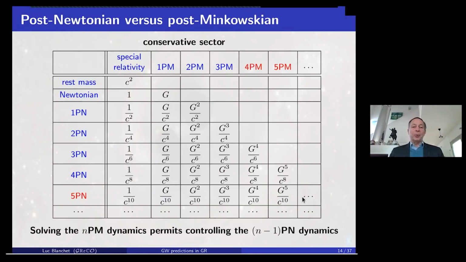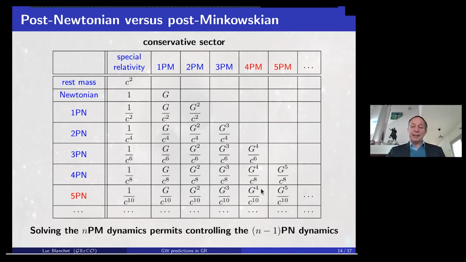The relation between the post-Newtonian and post-Minkowskian approximation is quite interesting. In the usual post-Newtonian approximation, we have a bunch of terms starting from the Newtonian approximation and correcting with relativistic corrections. There will be corrections of the order of G, G squared, G cubed, and so on, which can also be computed directly using the post-Minkowskian approximation, where the leading order is special relativity, and then the leading 1PM correction is of the order of G, then G squared, and so on.